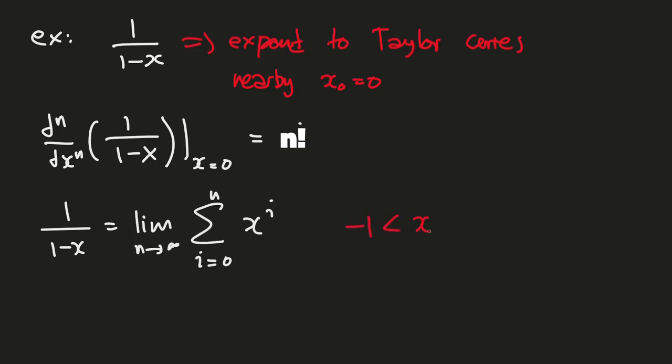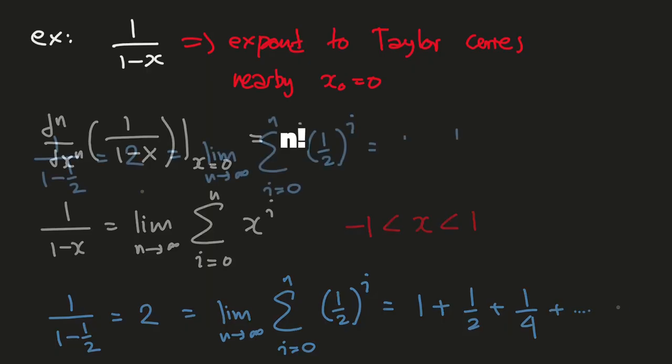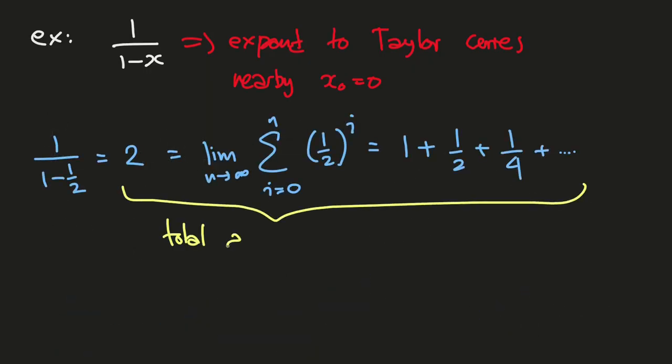And by the ratio test, we get this interval. Now, if I take x equal to 1/2 here, which by the function is of course equal to 2, then our series expansion will become this. And notice that the summation here is the total area in the earlier problem.